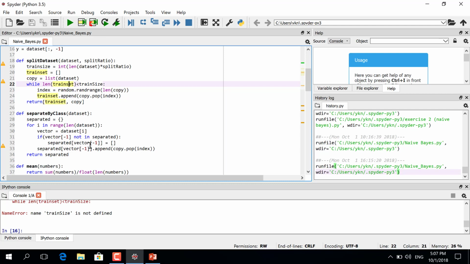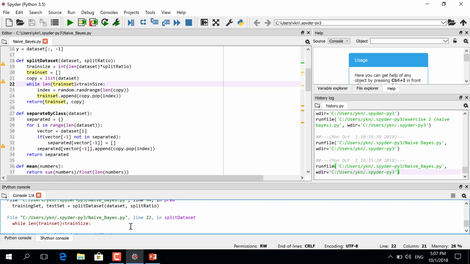What else? Train size. Again, train size. Where is train size? Line 22. I think this should use capital, because it makes some confusion.